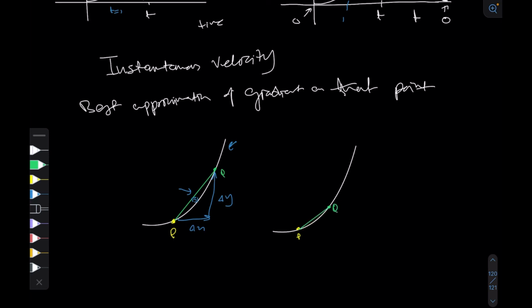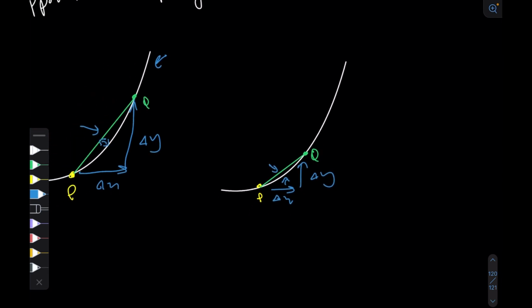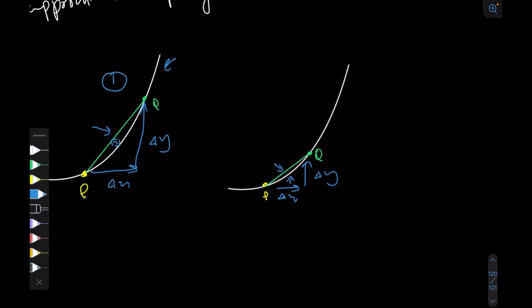So now if I draw this line and I try to take the change in x over change in y, I mean, you can still tell that this is a line that is not equal to this curve, but you realize that compared to our first model, this is a better representation, or this is closer to the tangent at point P than is the one in our first model, right?